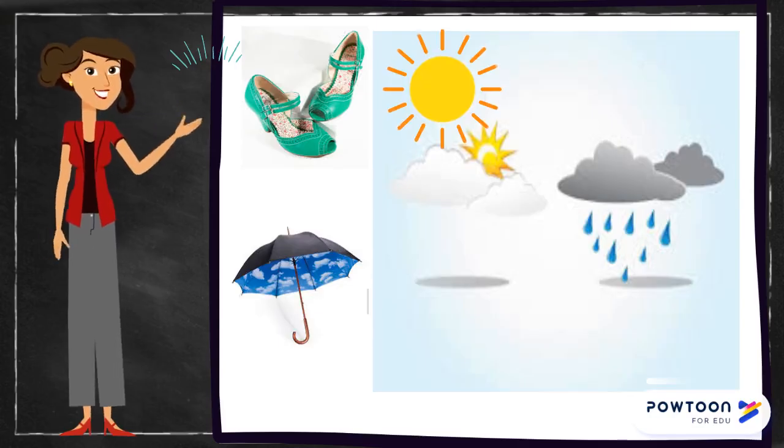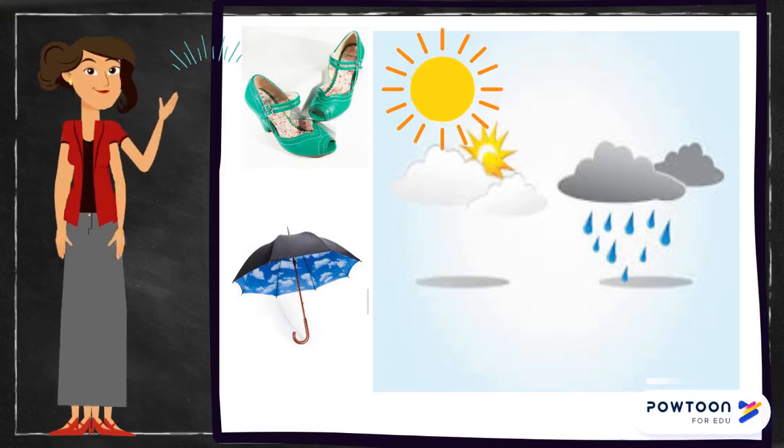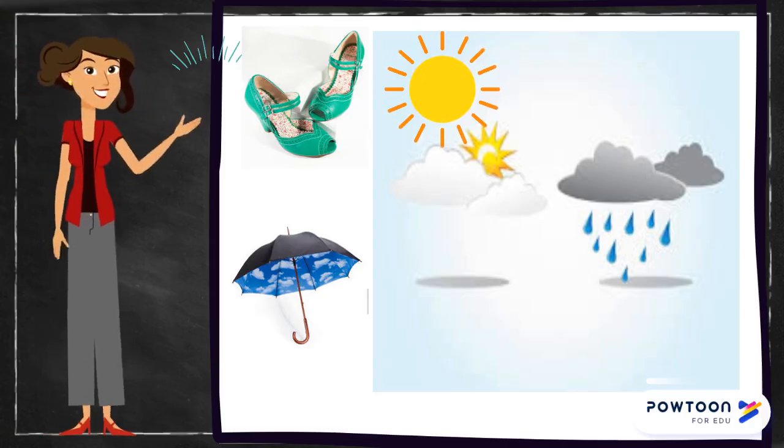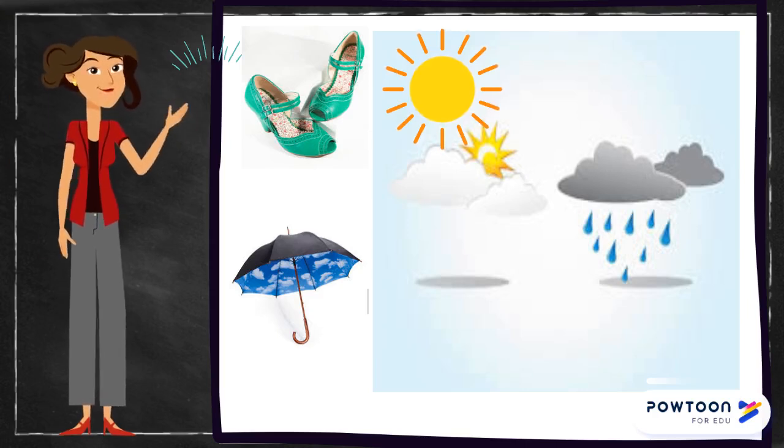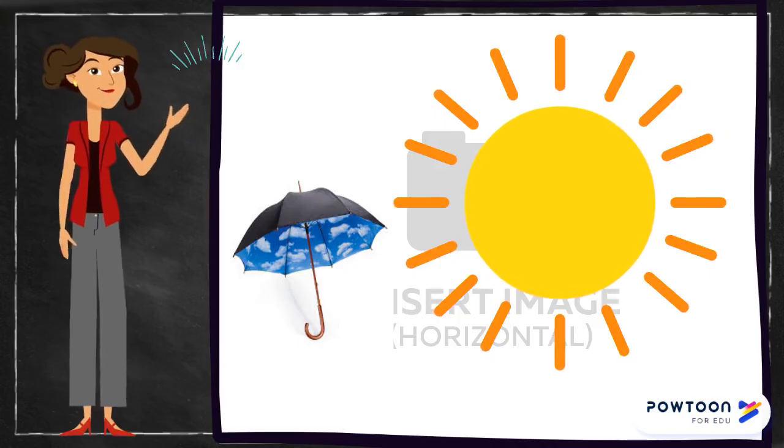And also weather. During rainy season, there are some commodities you can find that people may not like to get. And during dry season, for example, the demand for umbrella will be lesser.